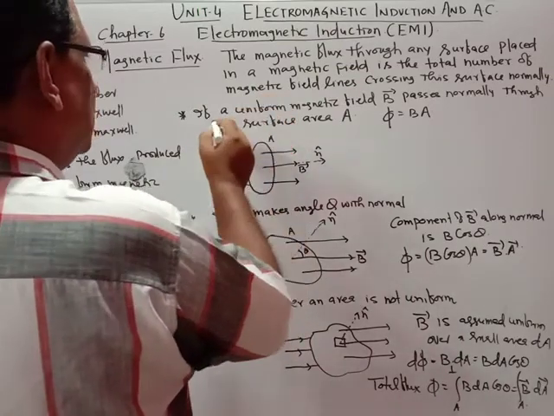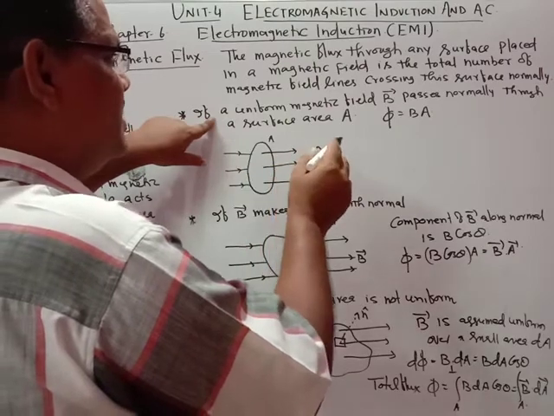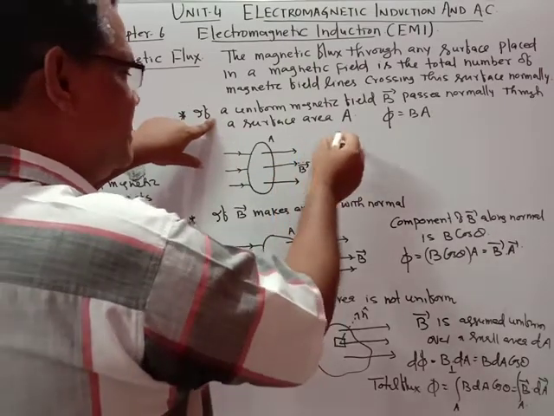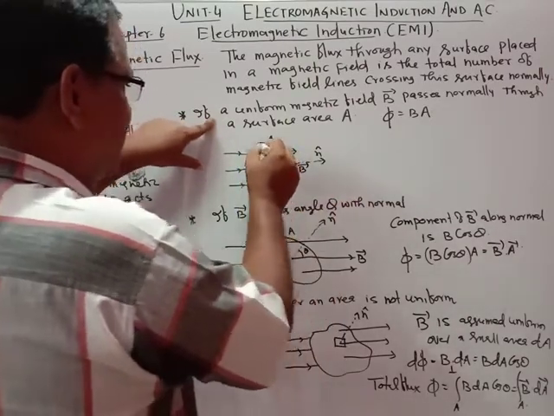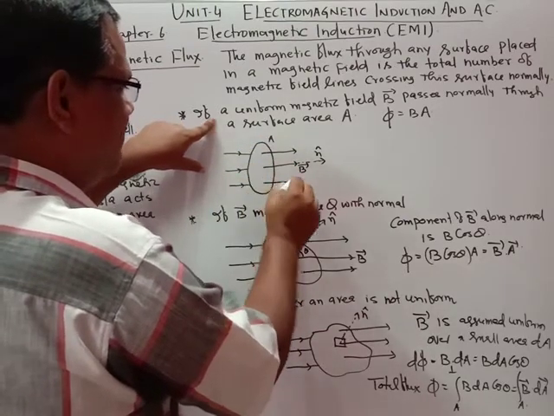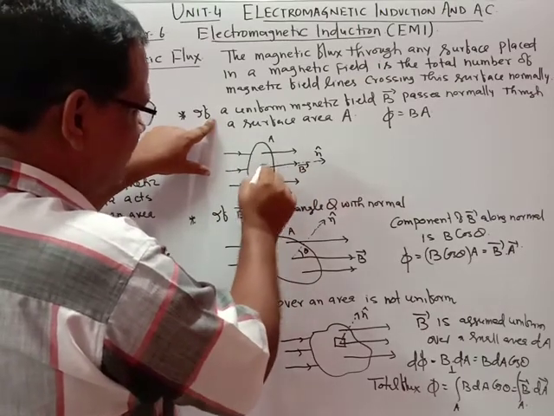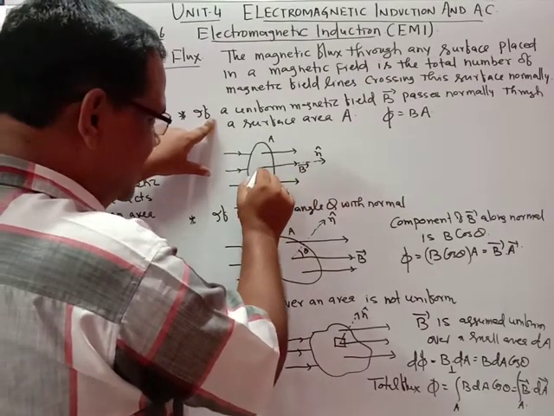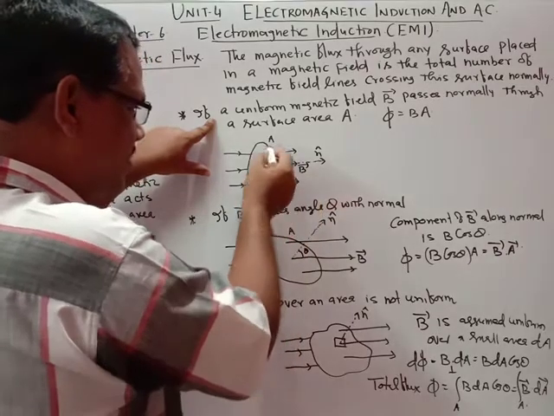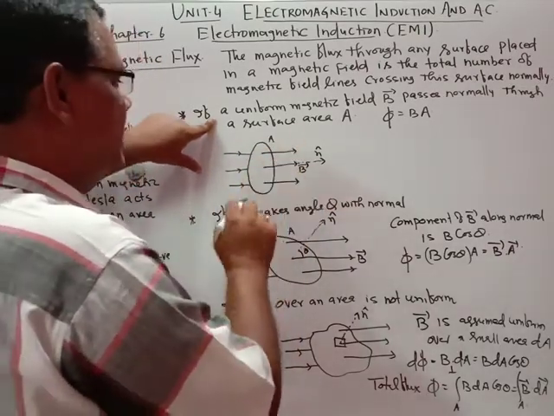Suppose a uniform magnetic field passes normally through the surface area A. This is one surface area, and this is the uniform magnetic field. The direction of the magnetic field is along this way, and the area vector means the normal to the area.